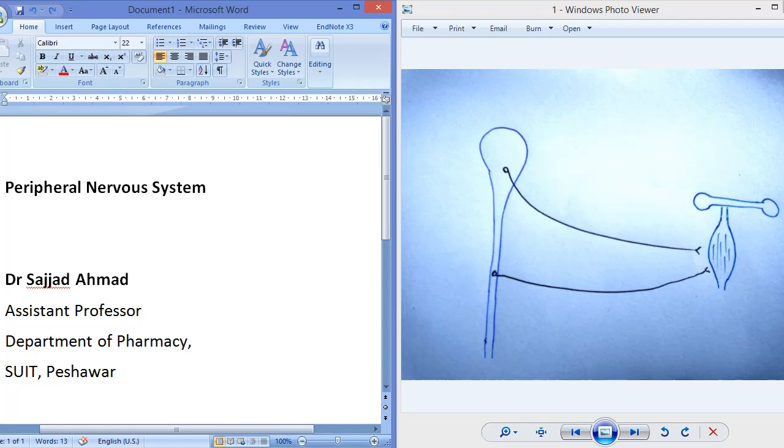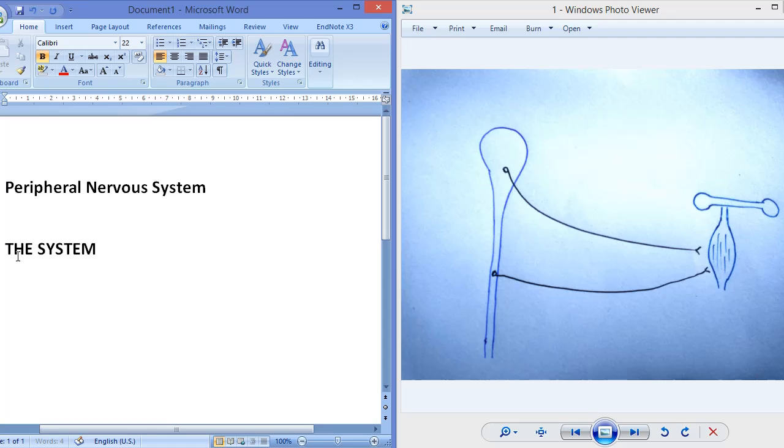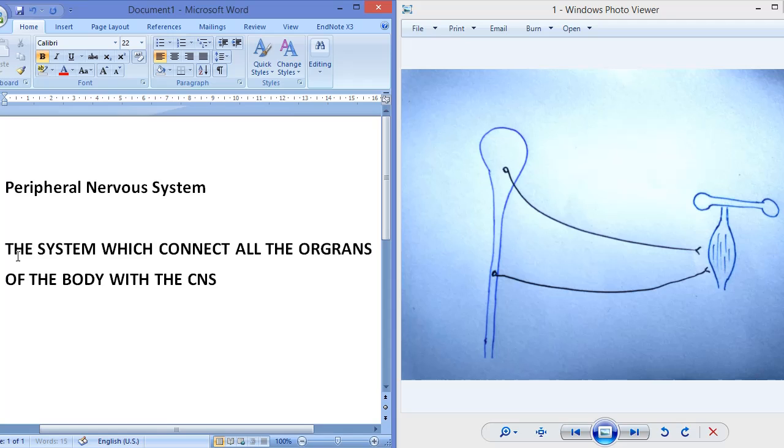Today we are going to learn about the peripheral nervous system. The peripheral nervous system is the system which connects all the organs of the body with the central nervous system.